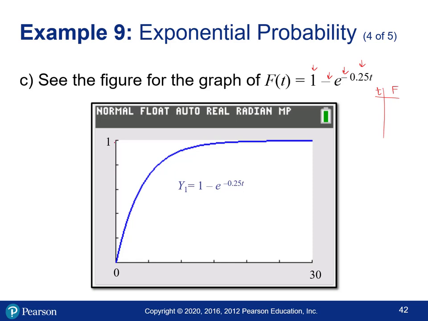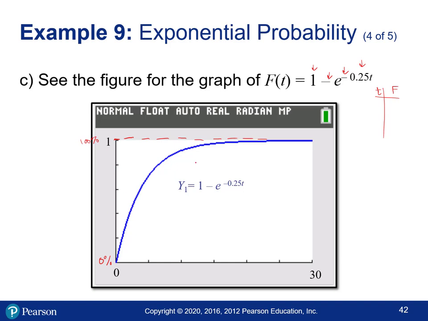And just so you know, hopefully this makes sense a little bit to you as well. One is the horizontal asymptote here, because if it's probability, 1 represents a 100% probability, and you never have probability higher than 100%. Things are only between 0% likely to happen and 100% likely to happen.